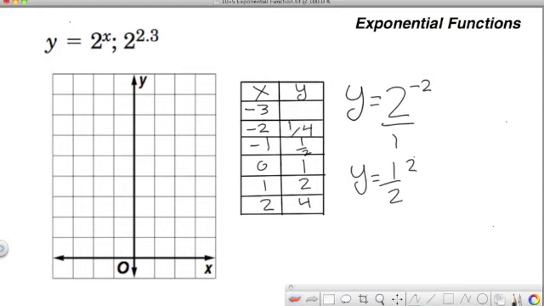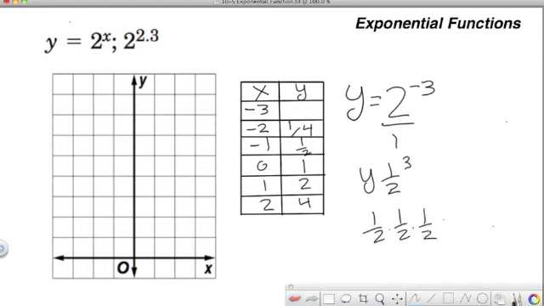And for the last one, we have it to the -3 power, which is the same thing we did before. Once again we flip it, so it's 1/2 to the third power, which is 1/2 times 1/2 times 1/2. All the ones on top equal 1, and 2 times 2 times 2 is 8. So our answer is 1/8.